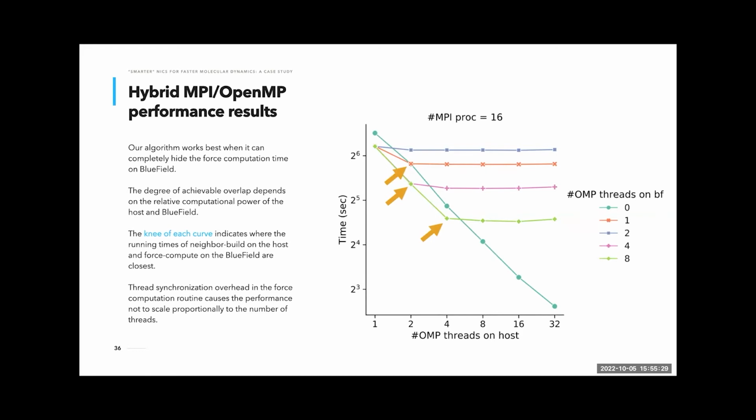On each curve, for the data points on the left side of the knee point, the neighbor build on the host is slower than the force compute on Bluefield. But for the data points on the right side of the knee point, the Bluefield is the bottleneck. The knee point indicates the maximum number of OpenMP threads on the host where running force computation on Bluefield does not slow down the computation.